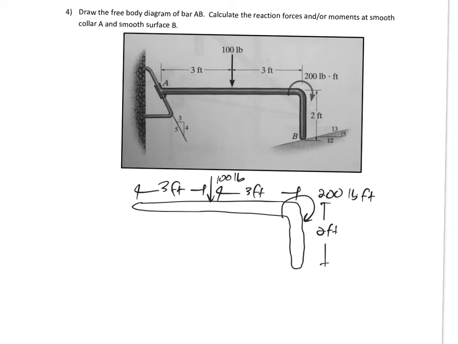All right, now I'm going to start with this normal force at B. If I have an incline, just a contact surface, that is 12 by 5 by 13, I'm going to have a reaction force. I'm going to call this FB, and it's going to be perpendicular to the incline.